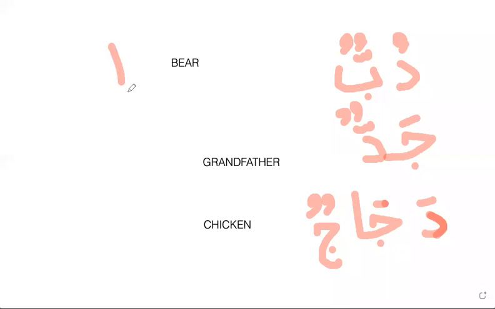Let me erase this, or maybe I'll just write here for the letter dhal. I have alif with hamza and kasra at the bottom. I cannot write here, so I'm going to clear everything and write it here. Alif with hamza at the bottom and kasra, i.